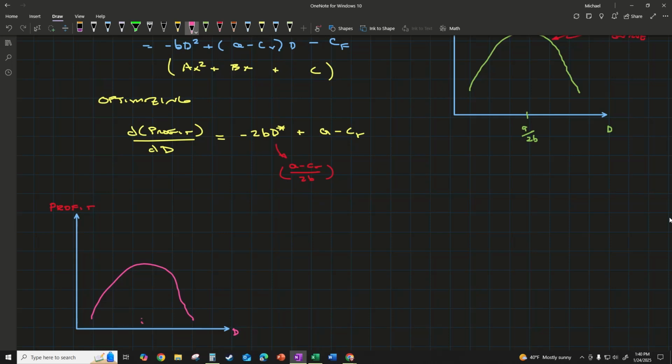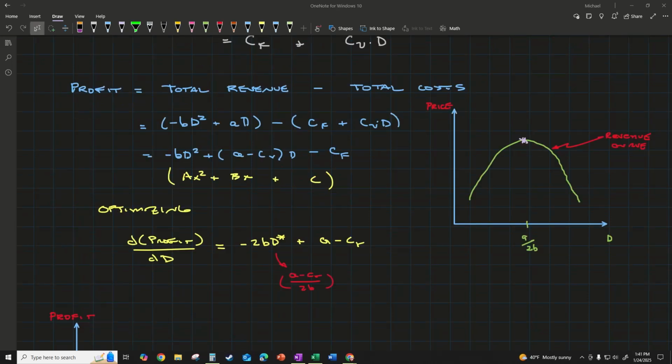That's how we set it up. And this too has a max. And we found that the max was at this value we called D star. Now, when we come back and look at our price curve, the D star value is over here now.